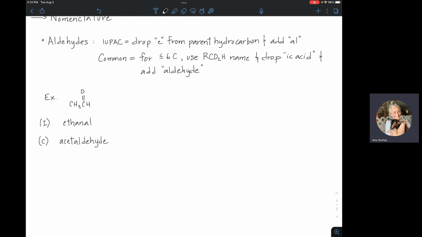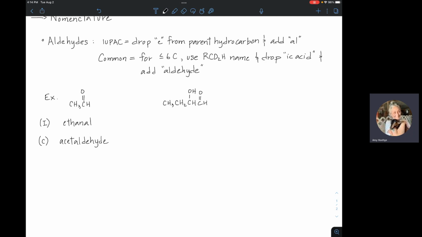Another example, if we have, say, a substituent on our aldehyde, so we could put a hydroxyl group there, and then our aldehyde piece of functionality.